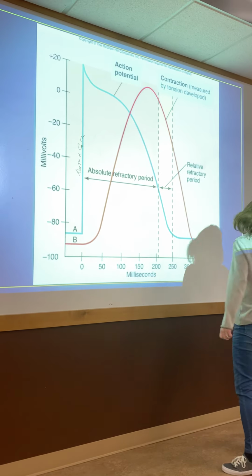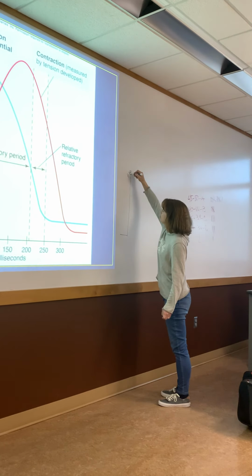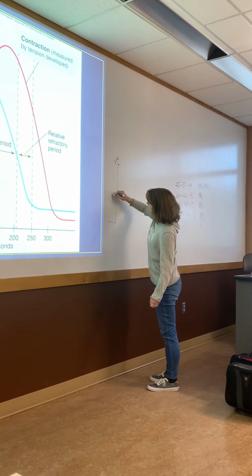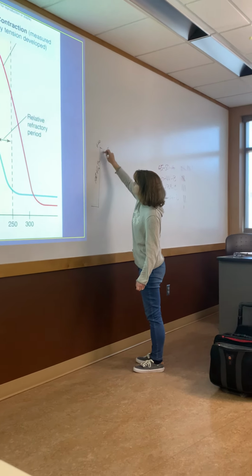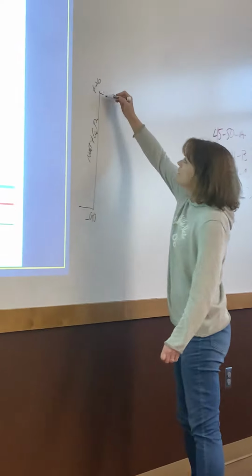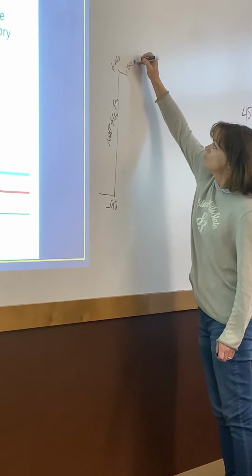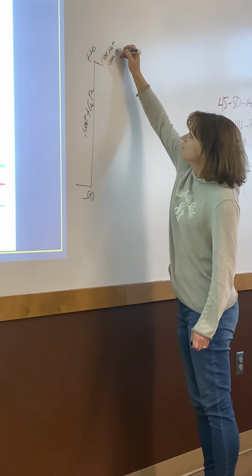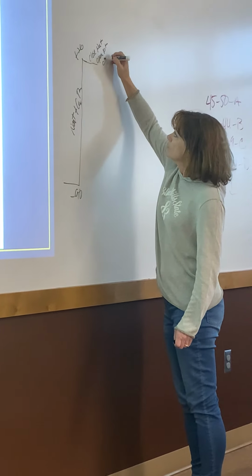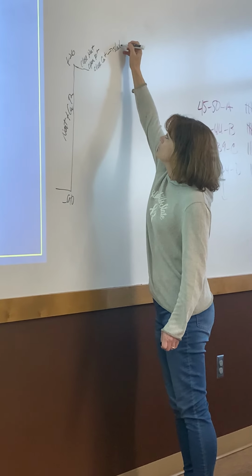At plus 20, I can't reach up there, so I'm going to put it this way. We've got sodium plus calcium coming in, getting us to plus 20 from minus 90. Up here at plus 20, we're going to close our sodium. We're going to open potassium, and we're going to close calcium, but slowly.